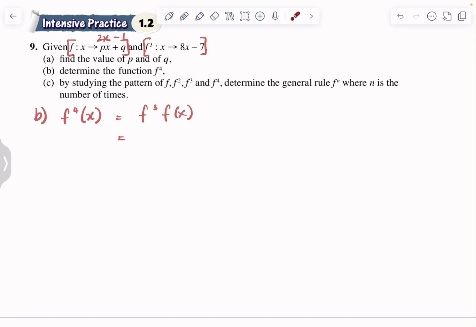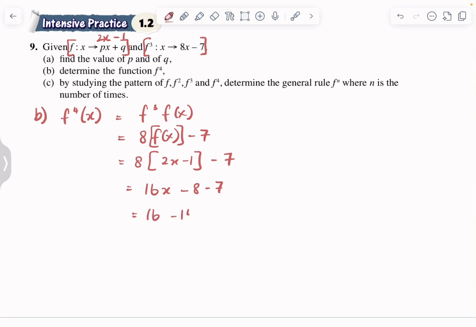So f cube of f(x) would be 8 f(x) minus 7. So f(x) is 2x minus 1. Then we just expand. Minus 8 minus 7. This will give us 16x minus 15. Right, that's all.